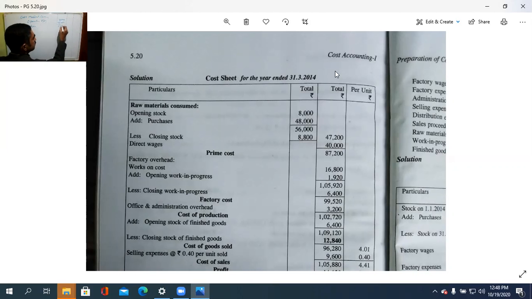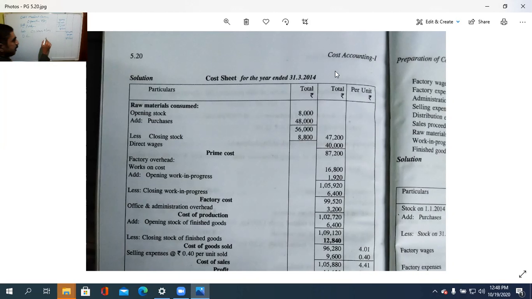So 56,000 less closing stock, which is already given in the question, 8,800. So 47,200. Direct labor 40,000. So 87,200. This is the per unit column, nothing to be calculated for now.